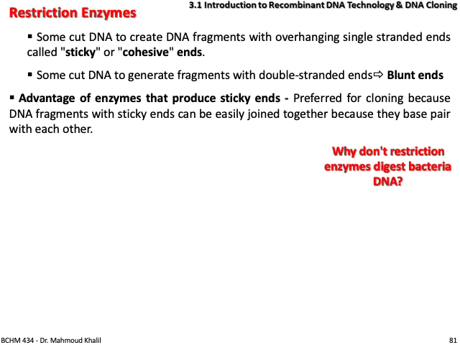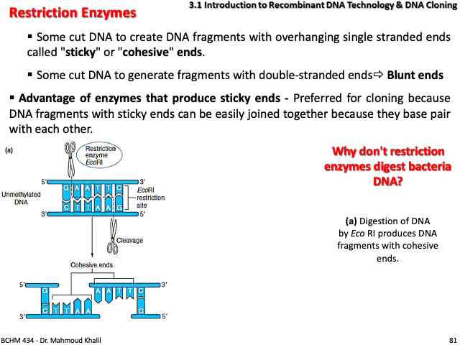Why don't restriction enzymes digest their own bacterial DNA? If we look at this diagram, we see that the restriction enzyme EcoR1, after recognizing the restriction site, can cleave the unmethylated form of DNA into two cohesive ends.